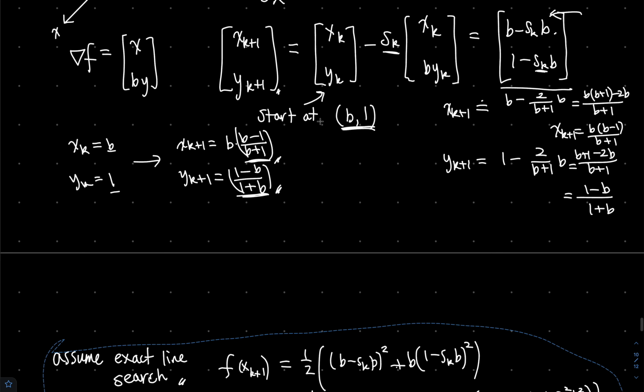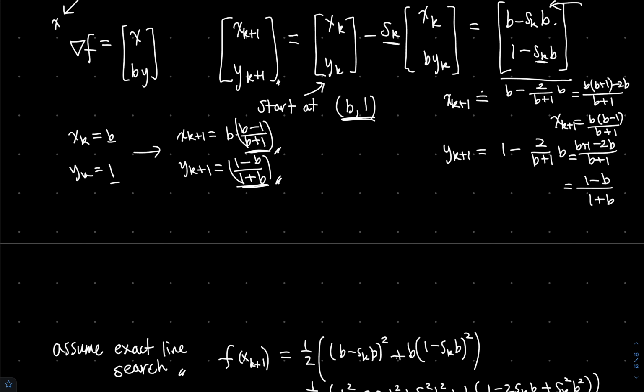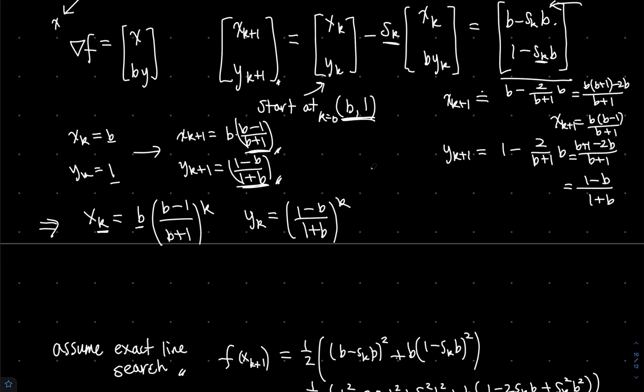Then we can write xk is going to be the starting b. So now the start is k equals 0, right? So when we're starting at k equals 0, the b, and then we have any k value, then we can just write b minus 1 over b plus 1 to the power of k, and yk is also 1 minus b over 1 plus b to the power of k.